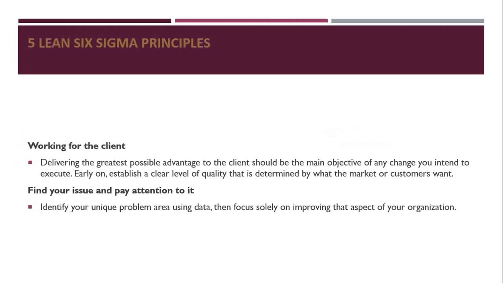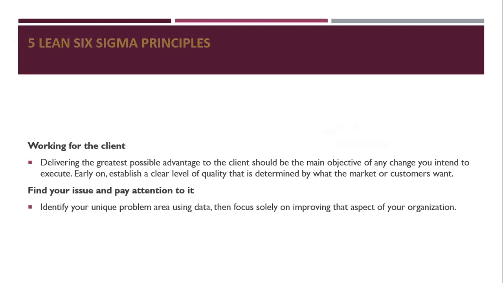What are the basic principles of Lean Six Sigma? Working for the customer, delivering the best possible service to the customer. That should be the main primary motto of every organization, to serve the customer with what exactly they require.